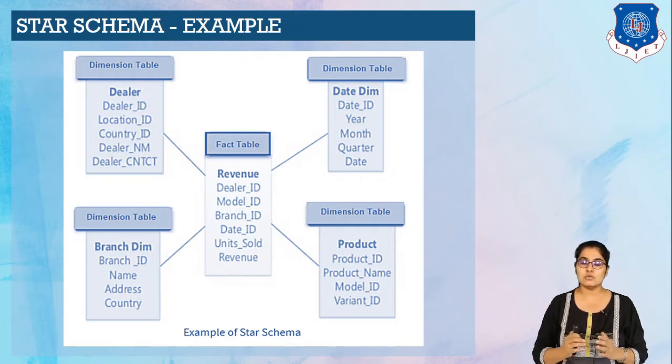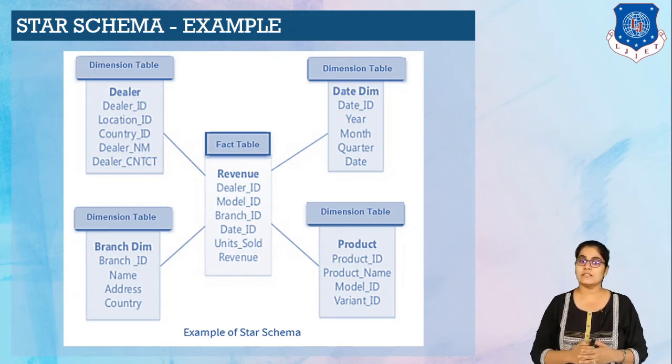It is also known as star join schema and it is optimized for querying large data sets. In the given star schema example, the fact table is at the center, which contains keys to every dimension table like dealer ID, model ID, date ID, product ID, branch ID, and other attributes like units sold and revenue.